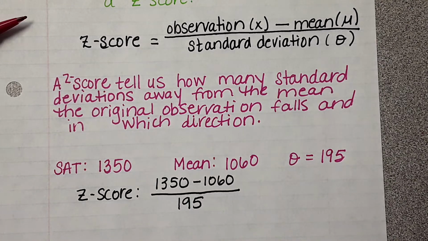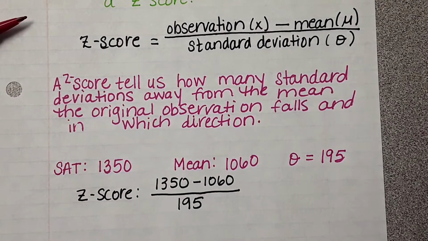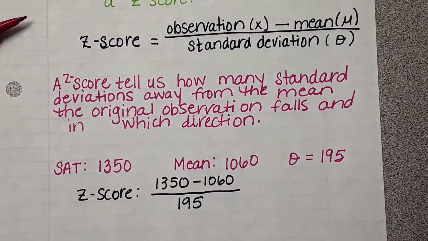On my paper, you guys, I'm going to show a lot more work than you would have to, but the question I know is going to be, do we have to show this? Yes. If you're doing a normal curve problem, they're asking you to find a z-score, you have to show this. You can't just give them the z-score. You have to show them how to get the z-score because they want to see what you plugged in.